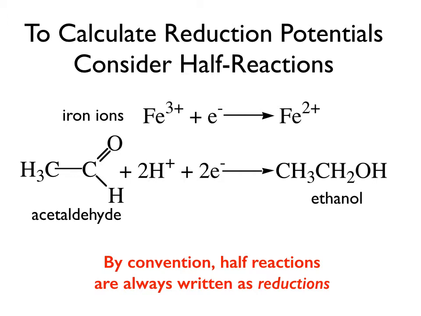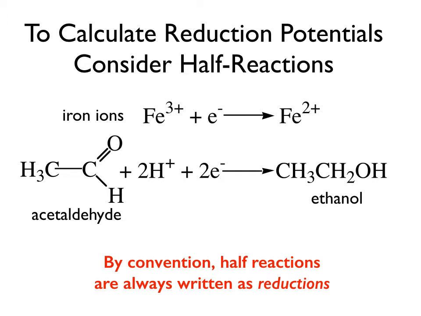Let's consider ferric ions, Fe3+, being reduced to ferrous ions, Fe2+. You can see that we add an electron to the ferric ion to do this, so this is a reduction. In fact, half reactions are always written by convention as reductions. Whether they go in that direction or not depends on the standard electrode potential and whether it's coupled to another reaction.